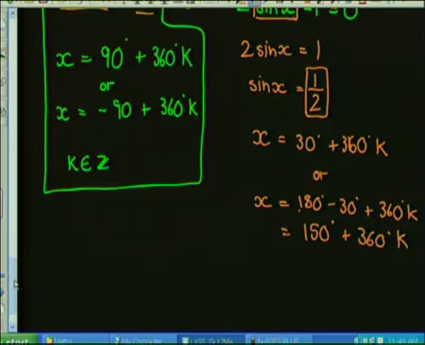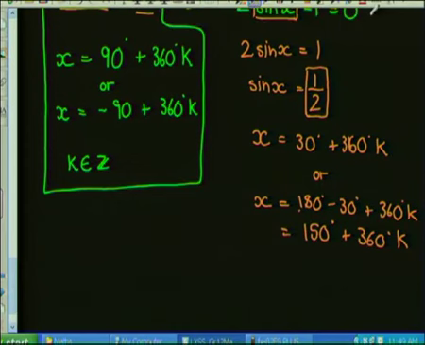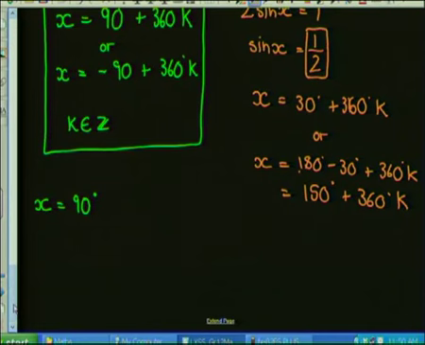Well, we use the general solutions that we've been given, and we substitute values of an integer into K to get the solution. So we can start by saying x is equal to 90 degrees, and I'm getting this from the solution over here because 90 falls into the interval that was given.